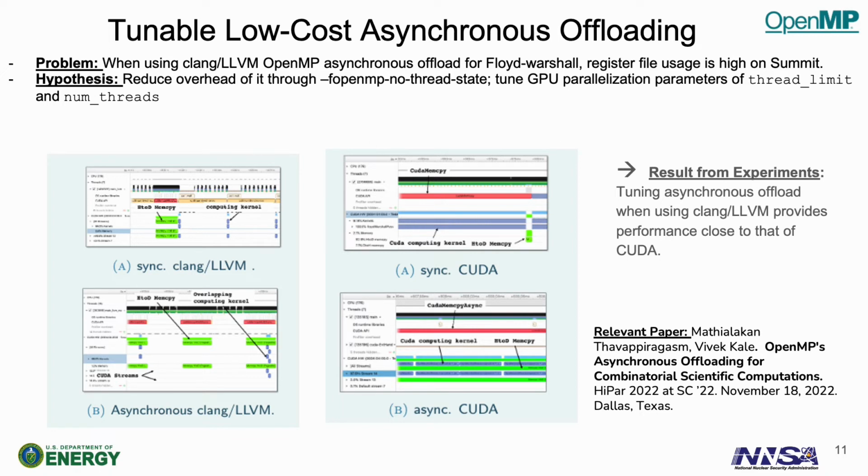So we explicitly use the LLVM option -fopenmp-assume-no-thread-state. Then we tune the GPU parallelization parameters of thread limit and num threads and other parameters. And what we saw is that the performance of Clang LLVM came close to CUDA's corresponding asynchronous offloading. And there's a paper here.